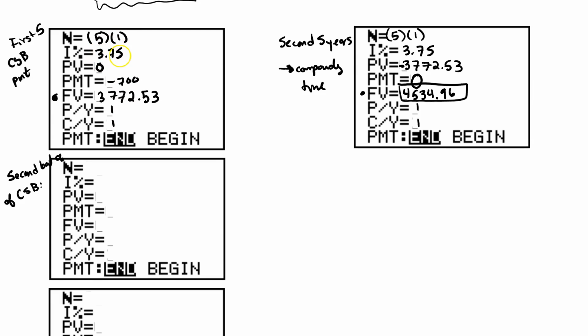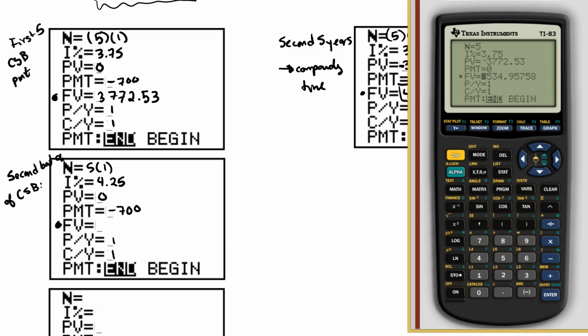This is 4.25. We're going to solve for our future value, compounding period per year, and payments per year, 1. So let's do this. So this is going to be 4.25, enter.